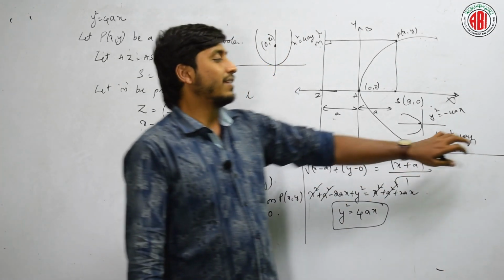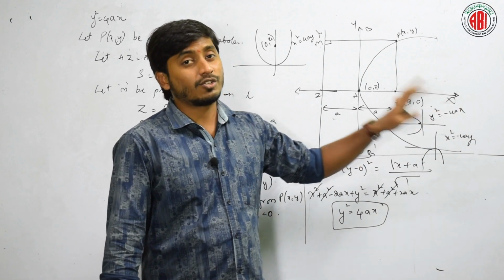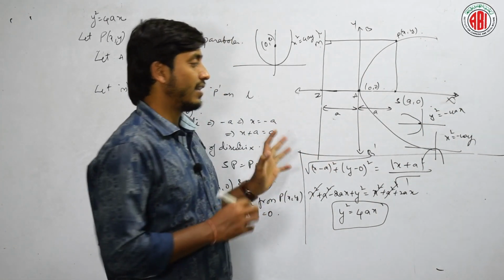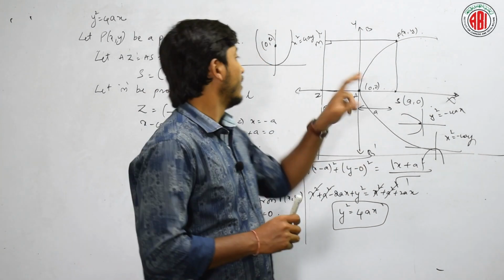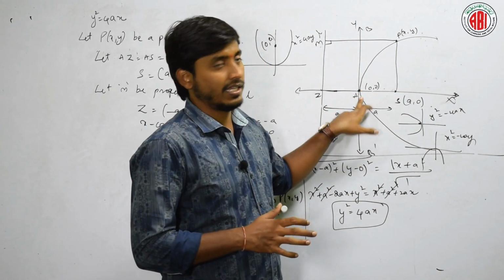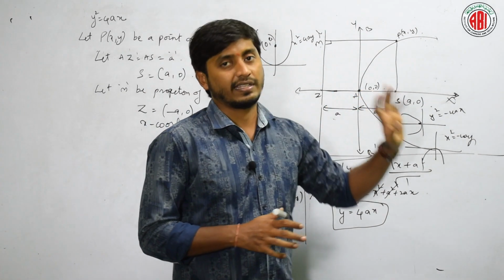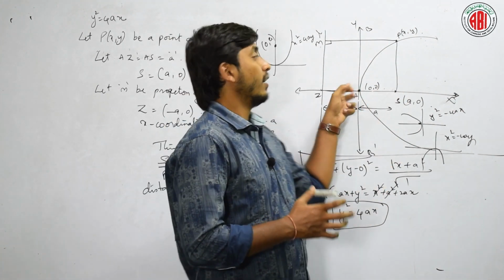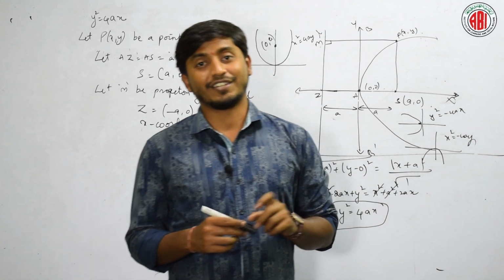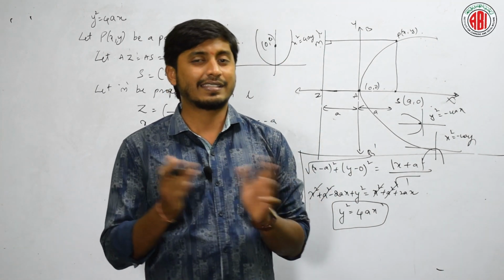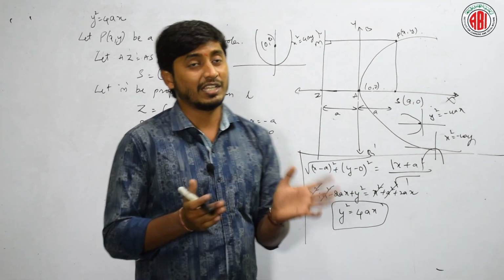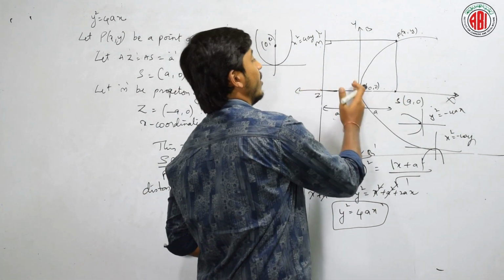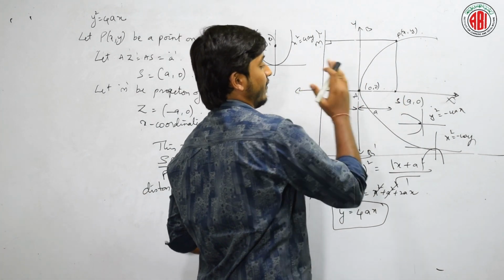Is it right? These are all the basic things to understand. Is it clear? This is the first thing you have to remember, that is it has the vertex at the origin and the focus on the positive x axis. Clear? What if the vertex is not the origin? This can be moved into various positions, that is it can move towards this side or back side or towards top or towards left.